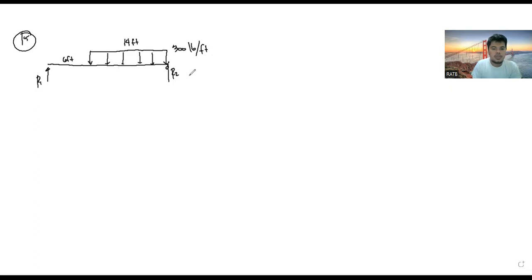First, we need to calculate the supports. To analyze it more simply, we can represent the uniformly distributed load with its equivalent concentrated load.